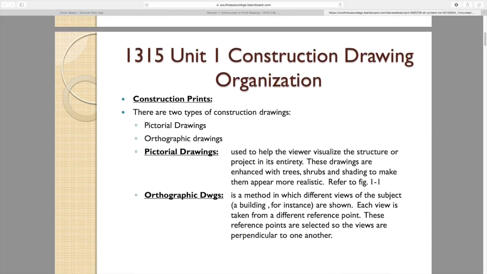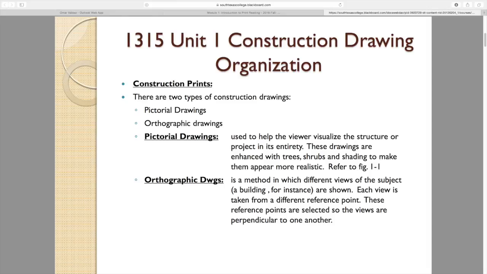Now, construction prints, you have two. There are some pictures here and also in your book. There are two types of prints you're going to see, and they're pictorial and orthographic. Okay, real simple, and there are some pictures to illustrate this. The best way I think to remember this is pictorial: imagine pictures, picture drawings.